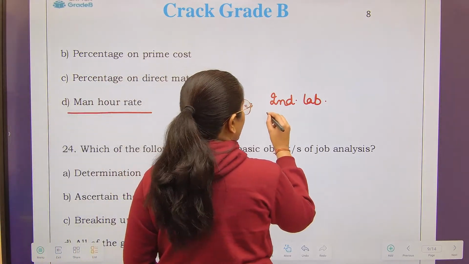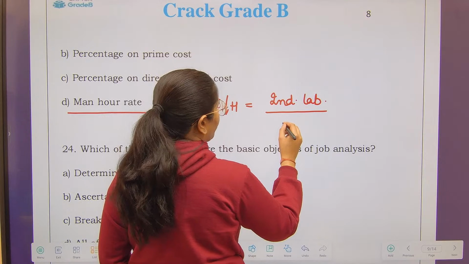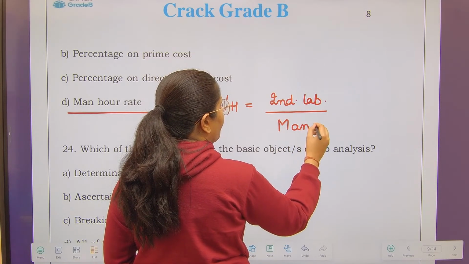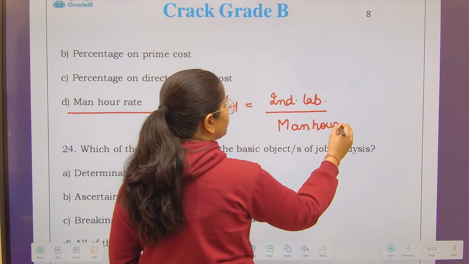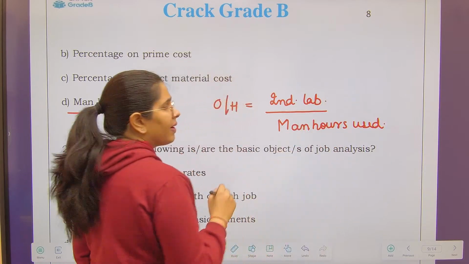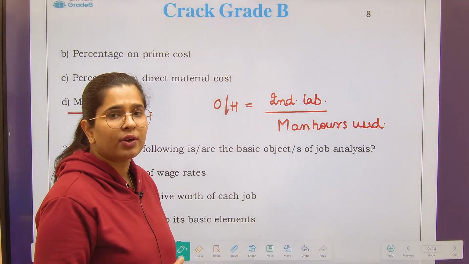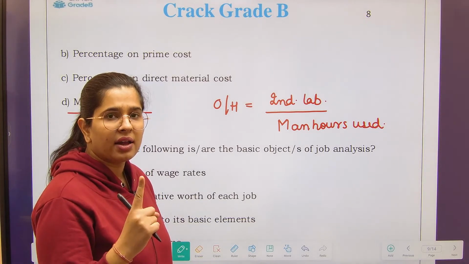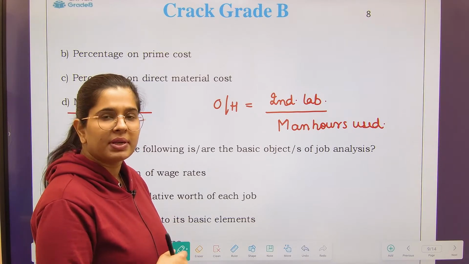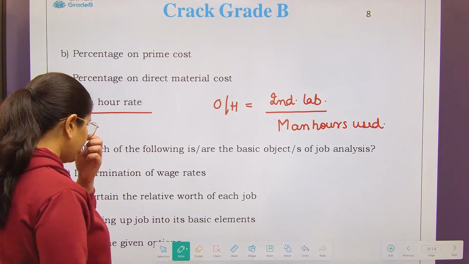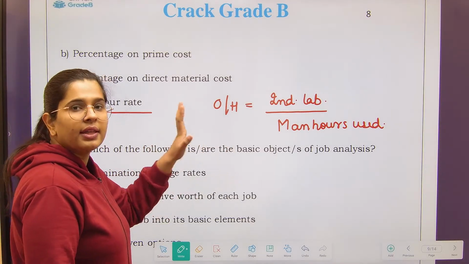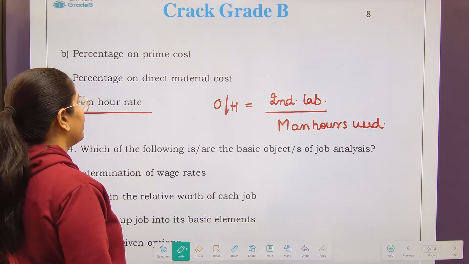In that particular scenario, you should allocate the cost of this indirect labor on the basis of man hours used. Divided by man hours, you will know that for 1 man hour how much indirect labor cost you have incurred, and on the basis of that you will allocate. But if these overheads have been incurred due to usage of machinery, then you should be using the machine hour rate.